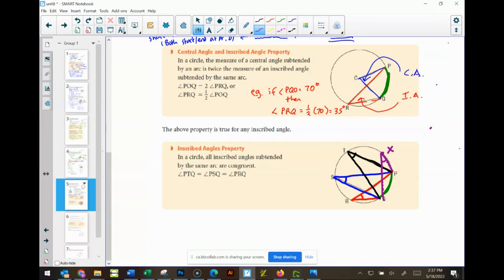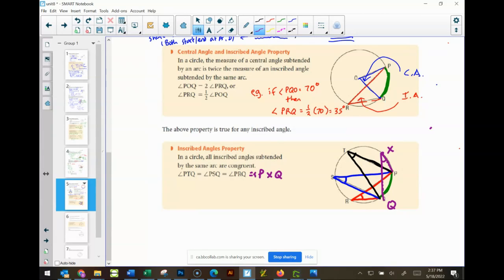So in this case, PTQ is the exact same as PSQ, which is the exact same as PRQ, and then I made a new one, PXQ, as an example.